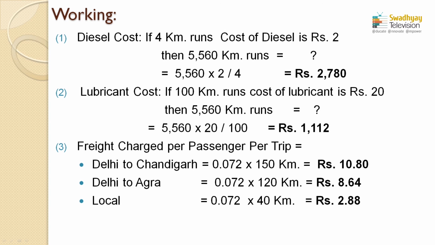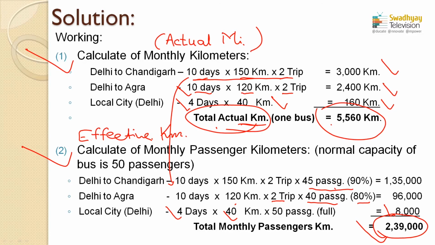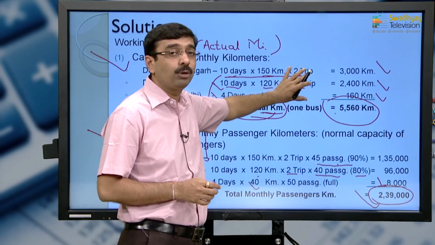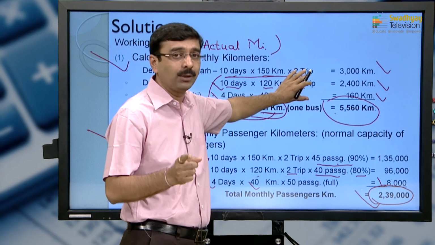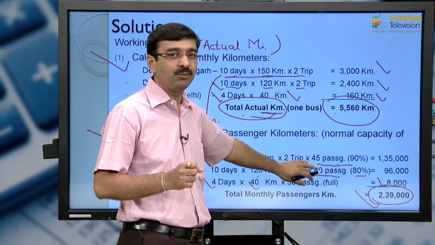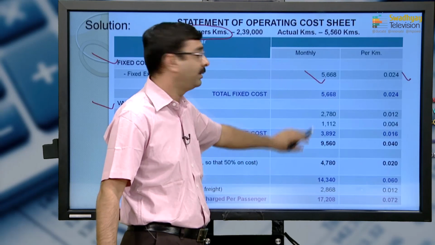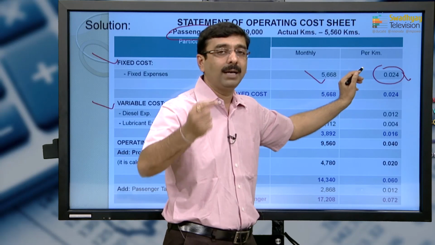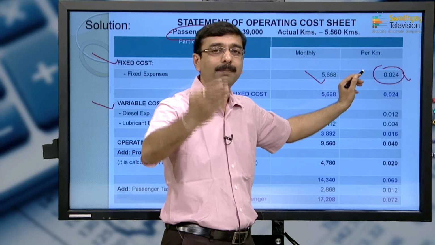As I mentioned very clearly when I expressed both the workings, when any cost is missing, actual mileage will help to find out the missing cost, and when you find out the passenger kilometer cost, effective mileage will be used. We use effective mileage because we find out what amount of cost is incurred per passenger kilometer.